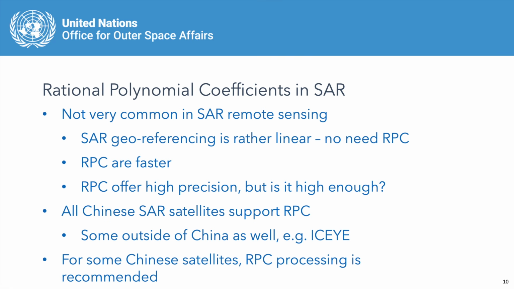Now, in SAR, it is not very common to use them. Right? One reason is that SAR georeferencing is more of a linear process, so we don't really need RPCs to solve that. However, RPCs are faster, and we can get to quite high precision with RPCs, but is it enough? And what does high precision mean?